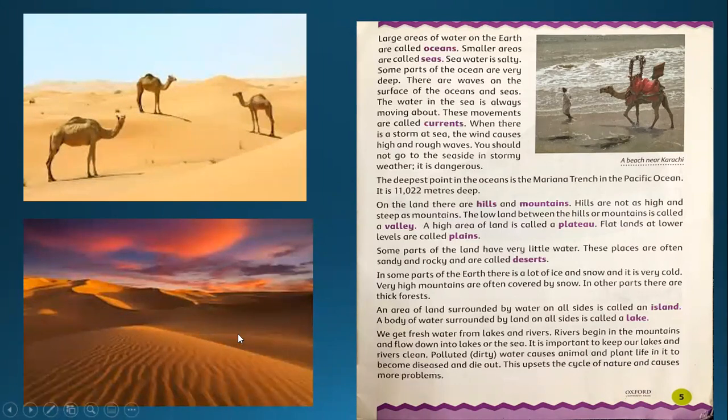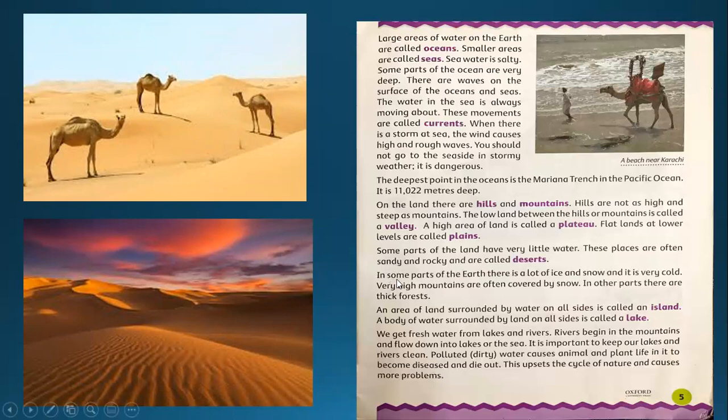These are called deserts where there is little water and little rainfall, and these areas are often sandy and rocky, just like this. In Pakistan also we have the Thar Desert, which covers the area of Sindh, Balochistan, and also some parts of Punjab. In Saudi Arabia, Rub al Khali.